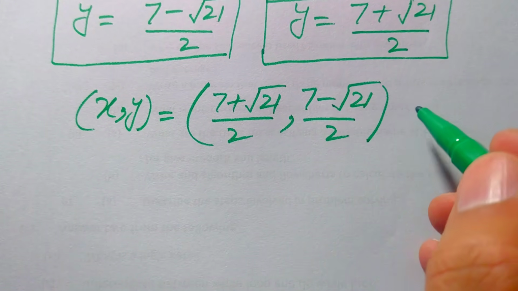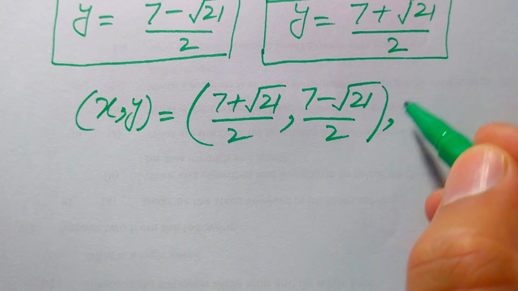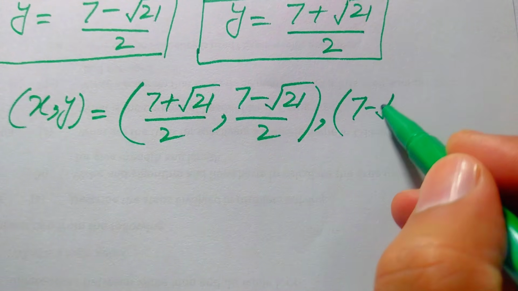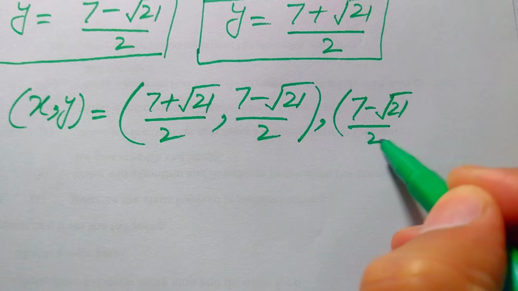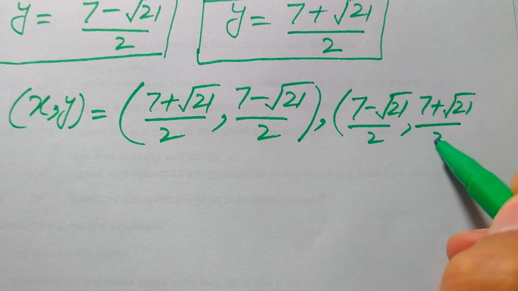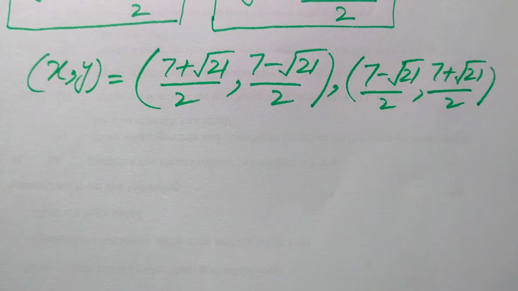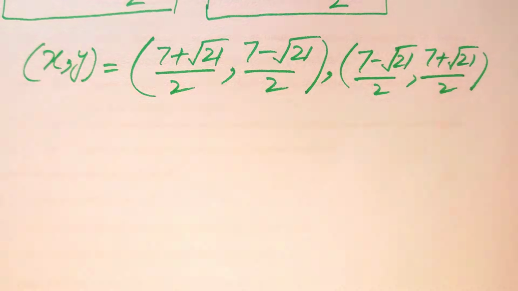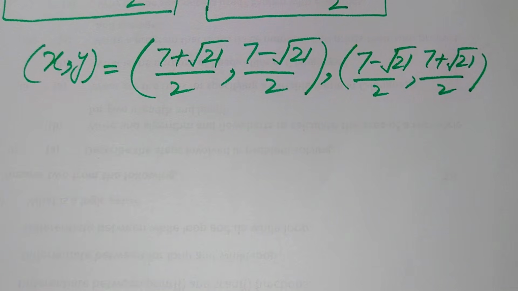And the second ordered pair of solution is 7 minus square root of 21 divided by 2, and 7 plus square root of 21 divided by 2. So these are the two ordered pairs of solutions which we get in this method. Now in the next step we need to verify whether these roots are solutions or extraneous roots.